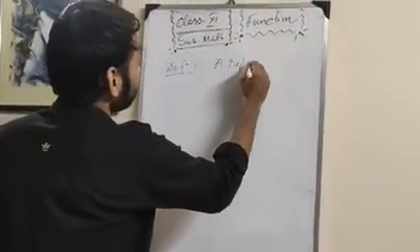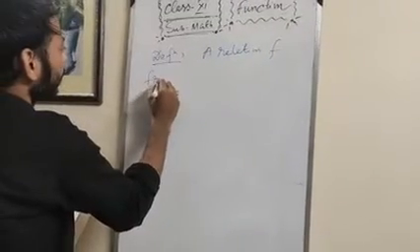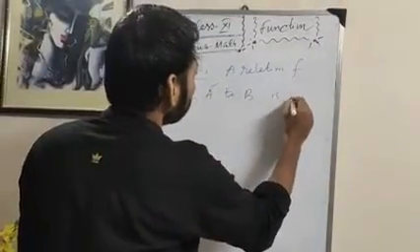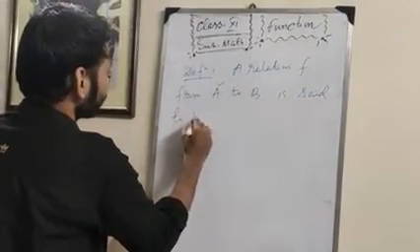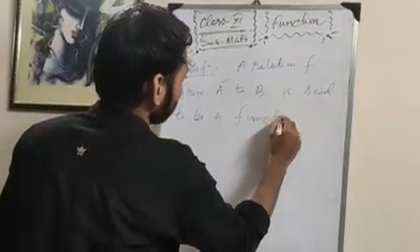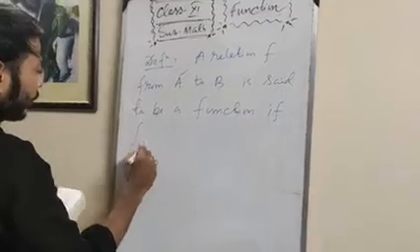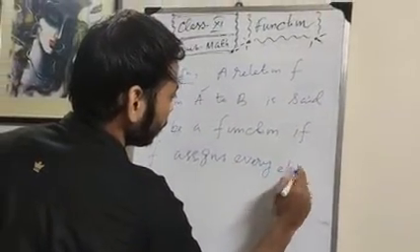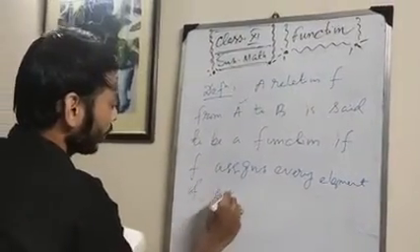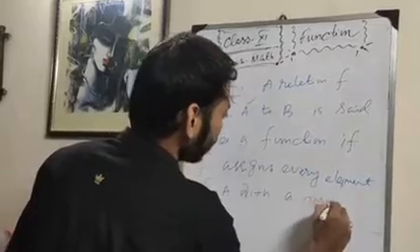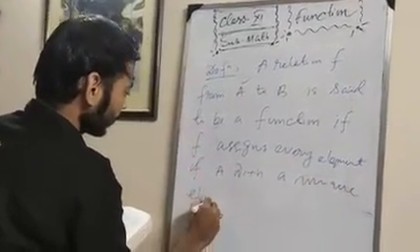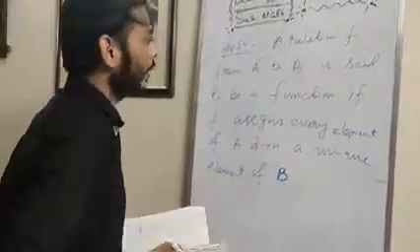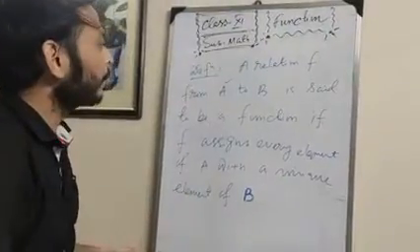A relation f from A to B, where A is the domain and B is the codomain, is said to be a function if f assigns every element of A with a unique element of B. Here you can see the relation f from A to B is said to be a function.